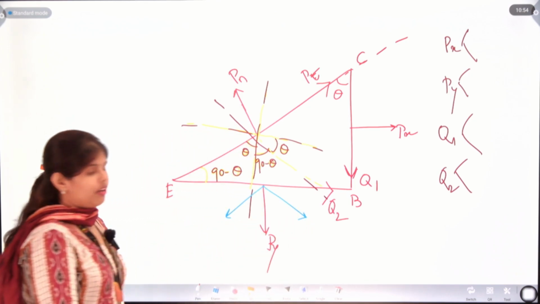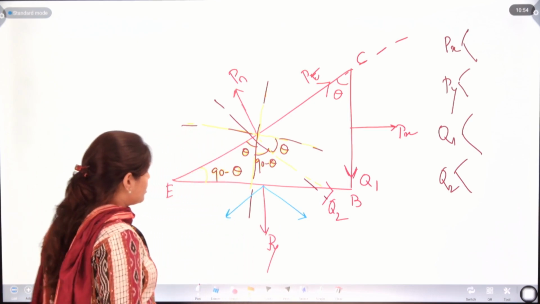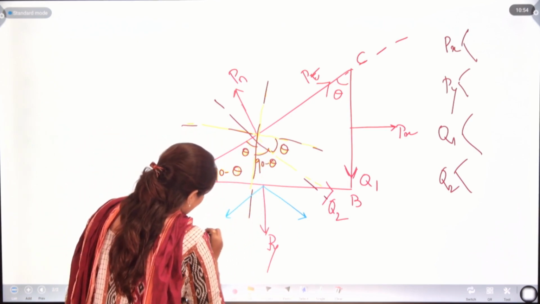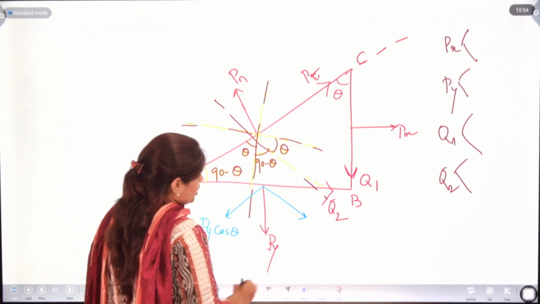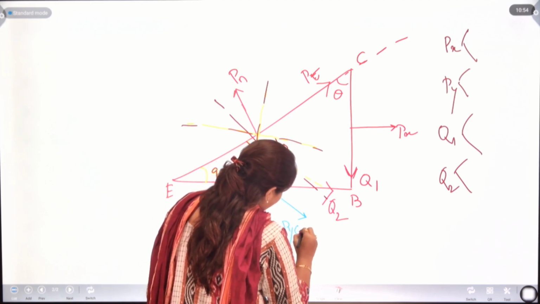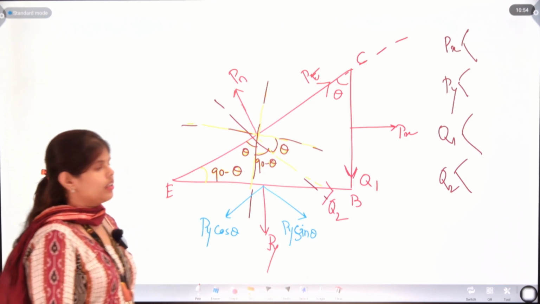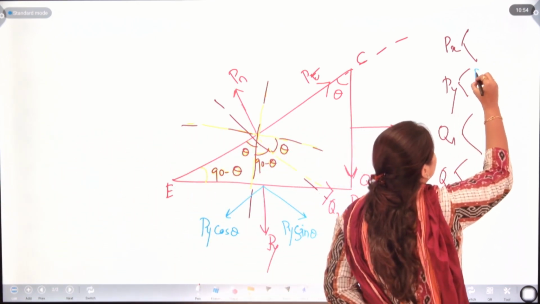Py will have two components in these directions, right? As per the angles here, we will have Py cos theta and here Py sin theta. So, now we have two components of Py.